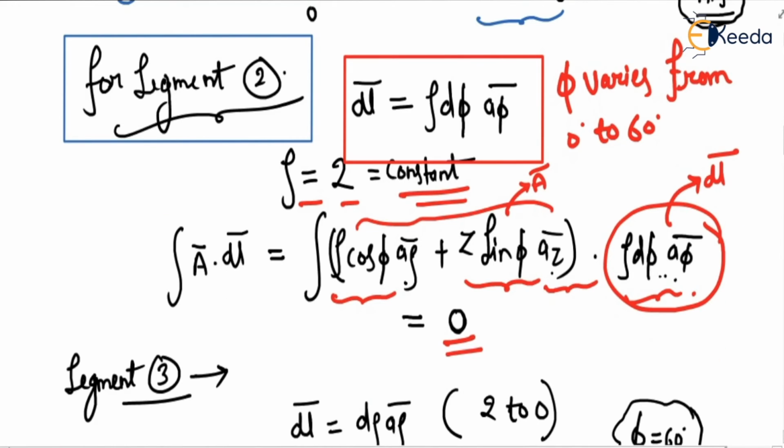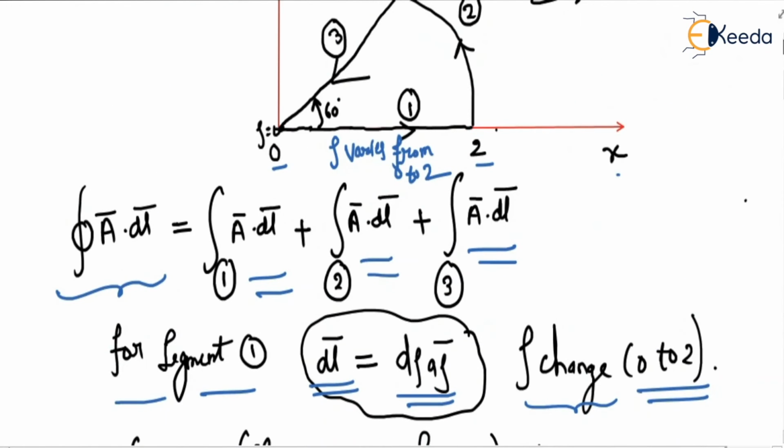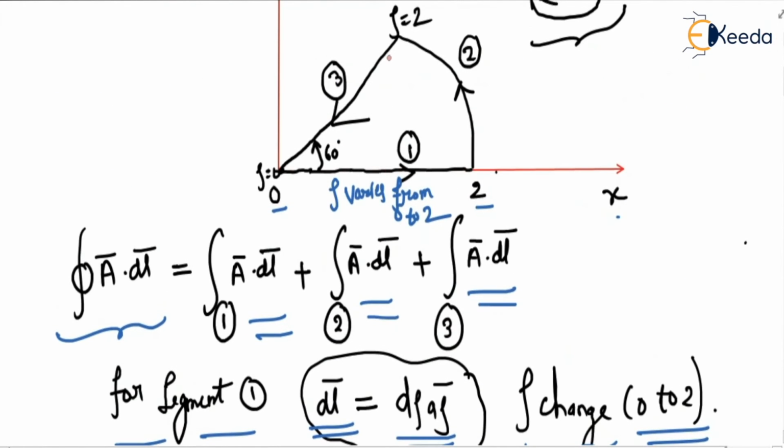Now for the third segment, we come back to the question, and we understand this is the third segment here. For the third segment, again phi is constant and z is also constant, only rho is varying.